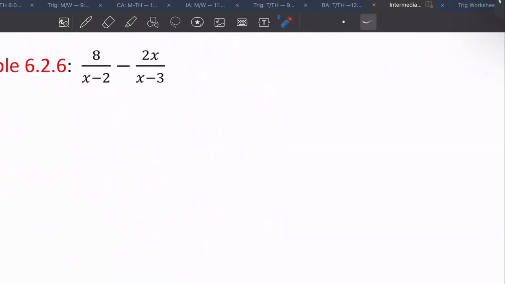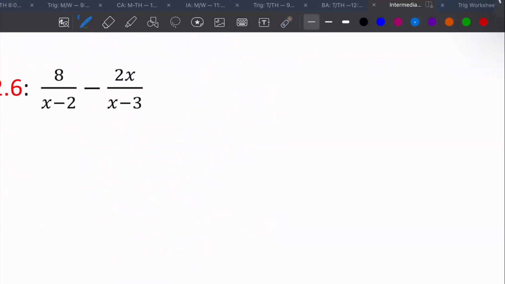They also can look like this. Okay. Everything needs to be accounted for one time. So we have an x minus 2 and an x minus 3. Now, we need both denominators to say x minus 2, x minus 3. So whatever is missing in either one, that's what you multiply the top and bottom by.